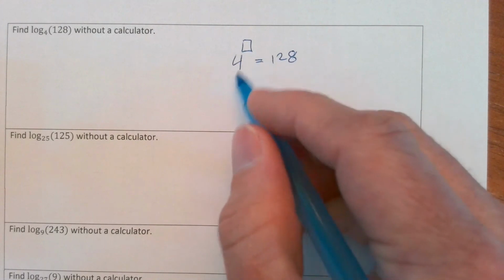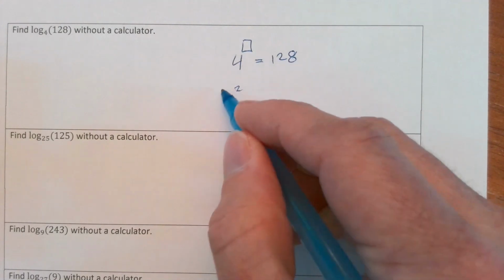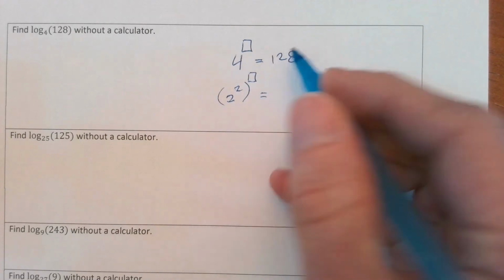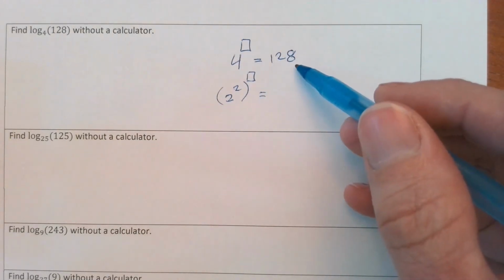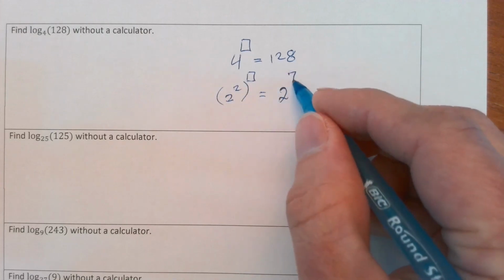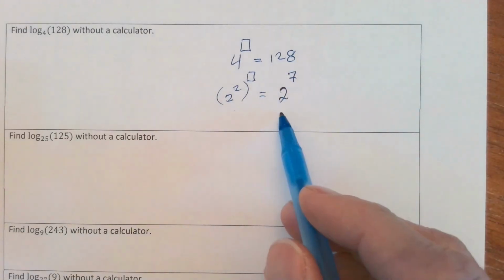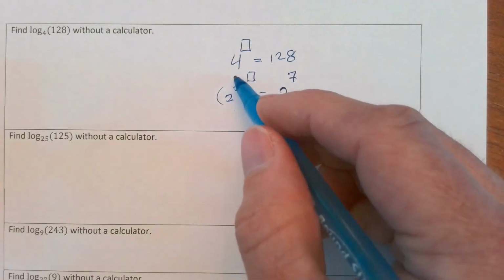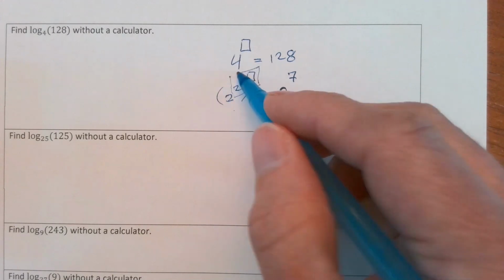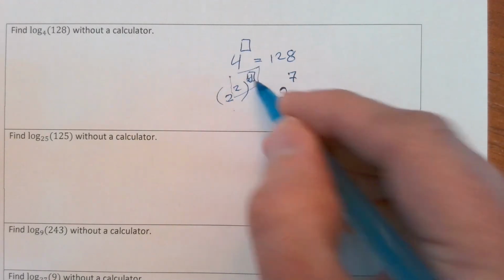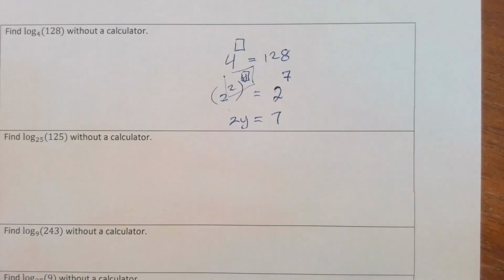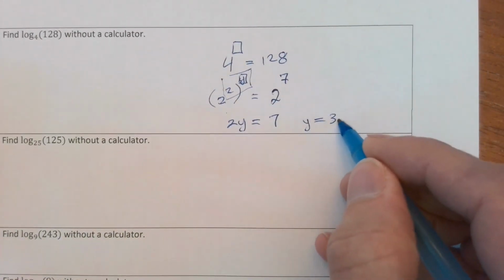These are both powers of 2. This is 2 to the 2. And this is what power of 2? I think it's 2 to the 7th. And so if these powers are equal and they have equal bases, then when I multiply these two together, let's call this y, 2y should equal 7, and I divide both sides by 2, and I get y equals 3.5.